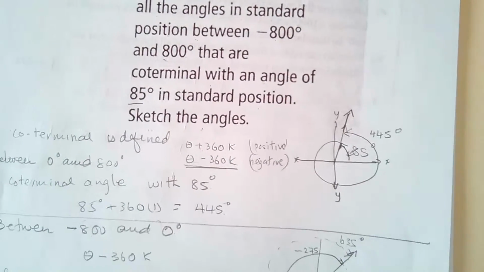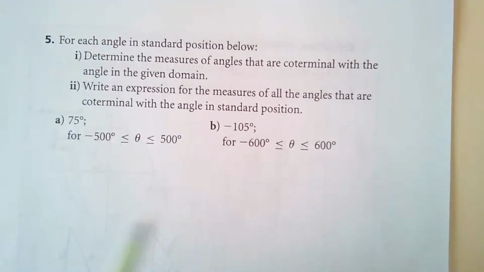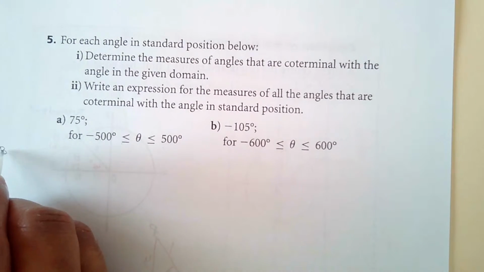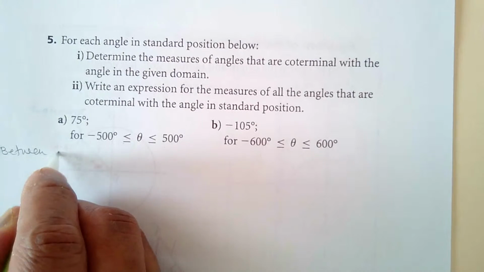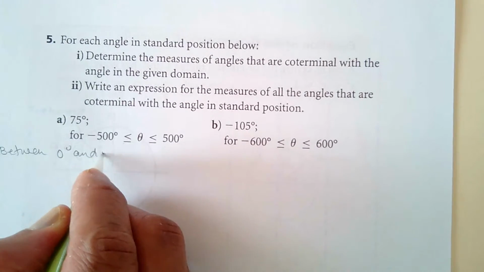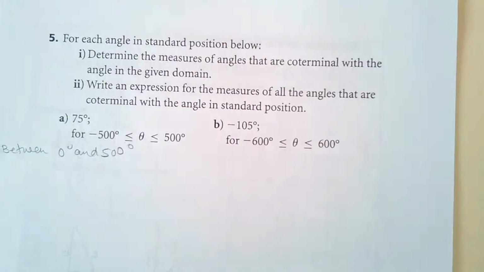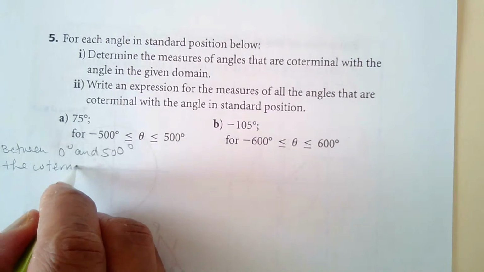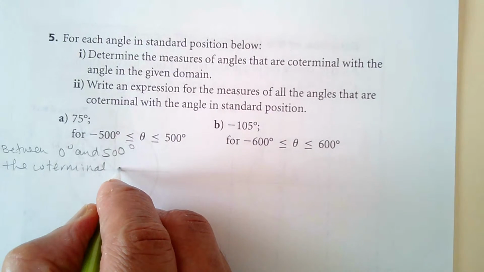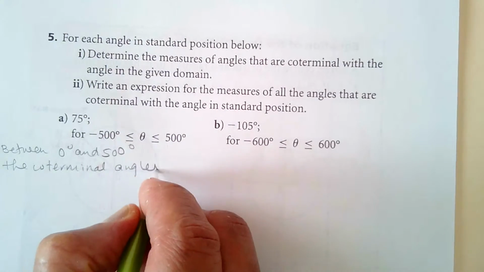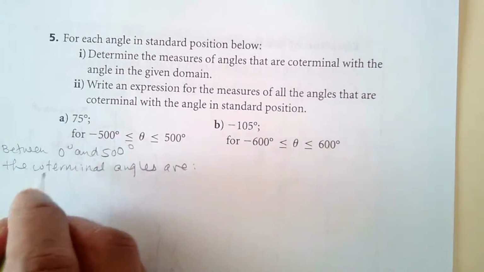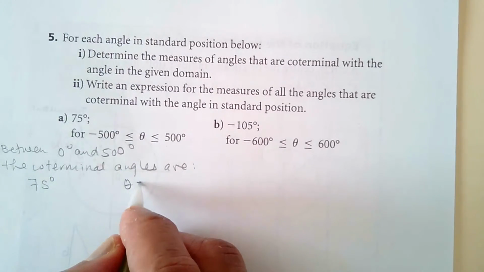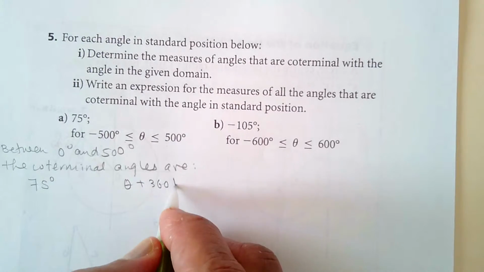So between 0 and 500 degrees, let's do that first. We have 75 degrees we start off with, right? And remember, we're using theta plus 360k.